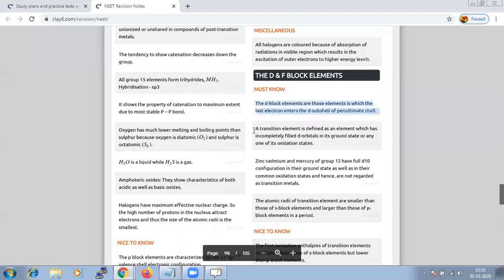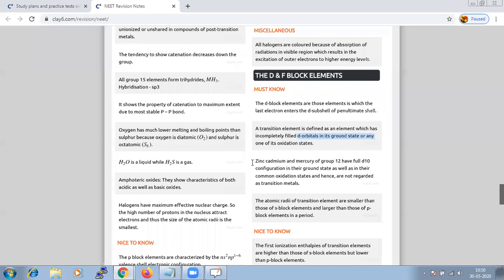A transition element is defined as an element which has incompletely filled d orbitals in its ground state, or in any one of its oxidation states. Since it is present between the S and P block elements, it is given the name transition elements.